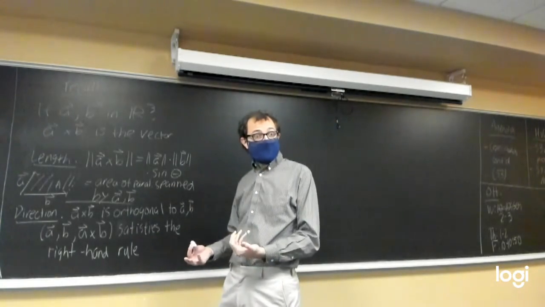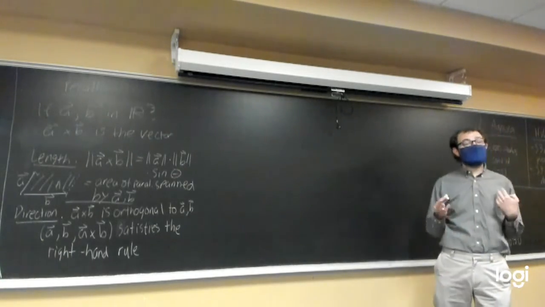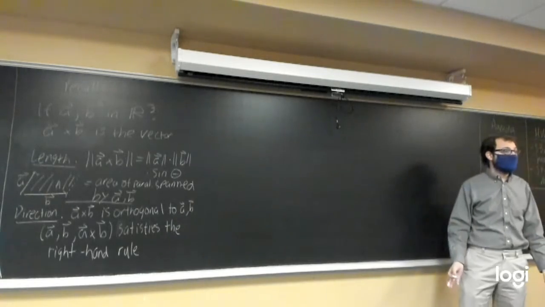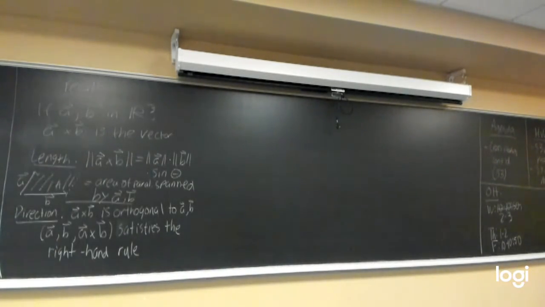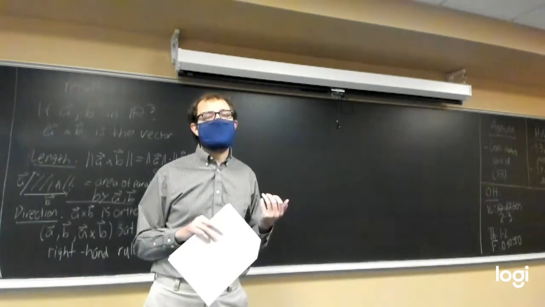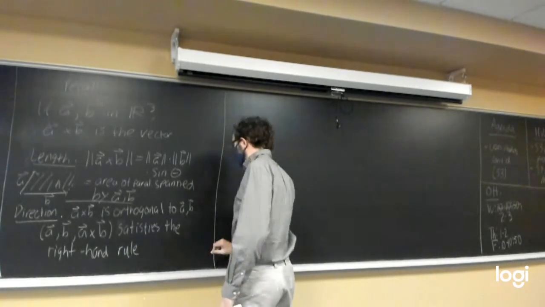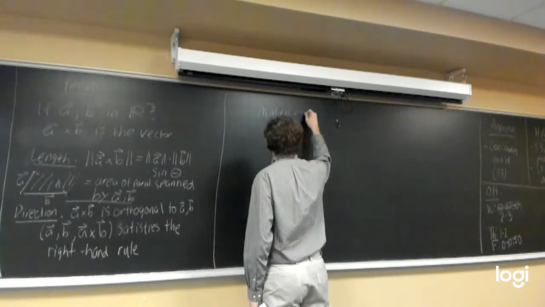So what we're going to be focusing on today is coming up with an algebraic formula for how you would actually compute these cross products. But before we get into our algebraic formula, we're first going to need to talk about matrices, which are going to be a key component for the rest of the semester.